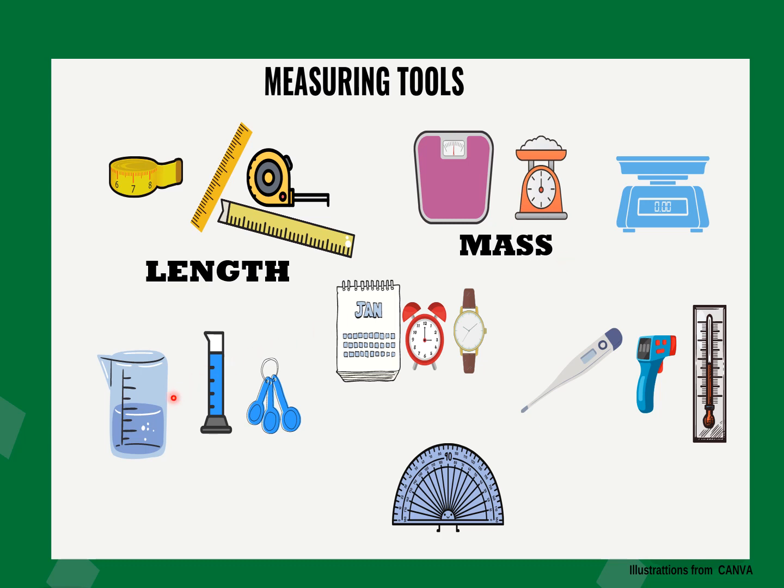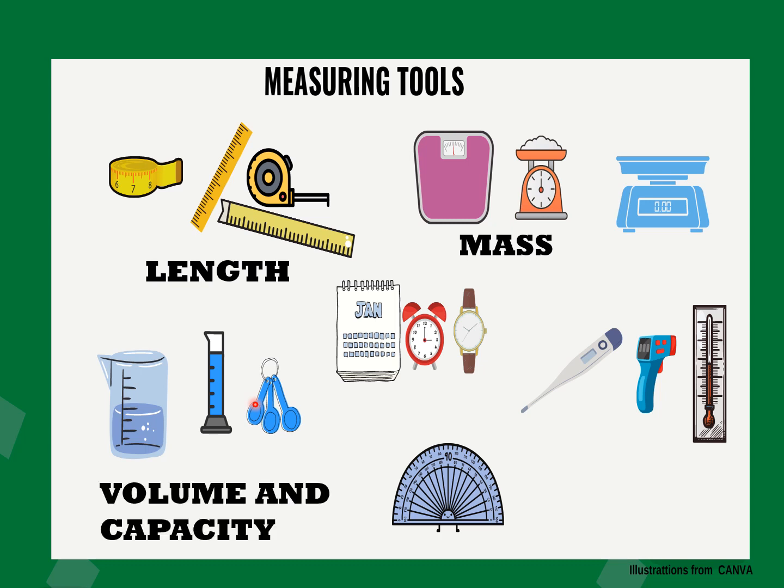A beaker, a graduated cylinder, and measuring spoon are used to measure volume and capacity. A calendar, a clock, and watch are used to measure time. For temperature, we use a thermometer, and the protractor is used to measure an angle.